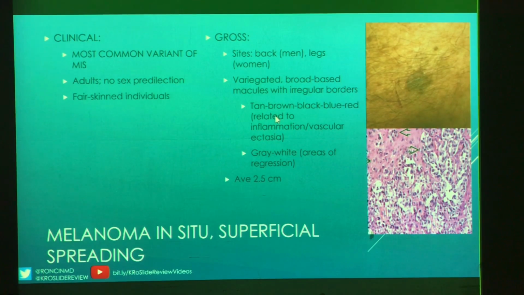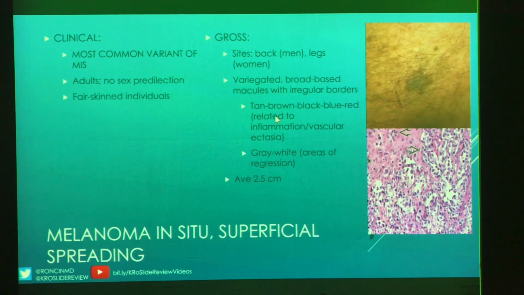Happens in adults and more common in fair-skinned individuals. Sites can occur more often on the back in women, back in men, legs in women. So think about areas of sun exposure in both sexes.